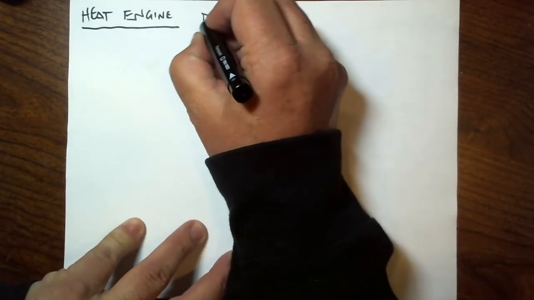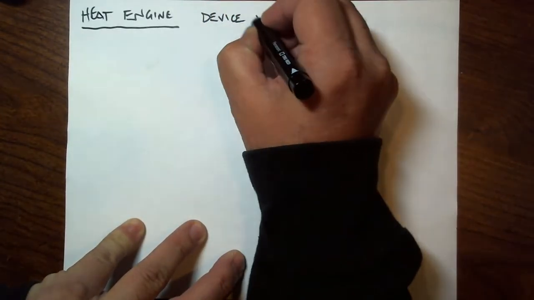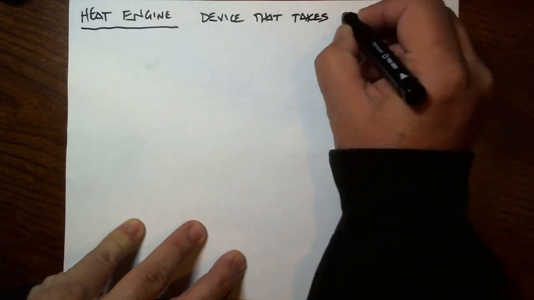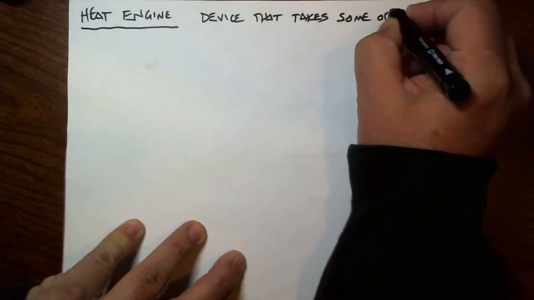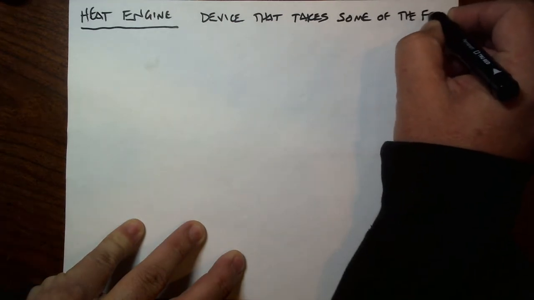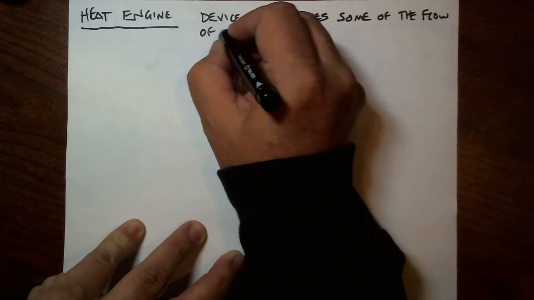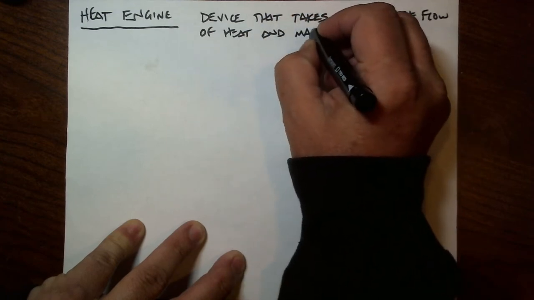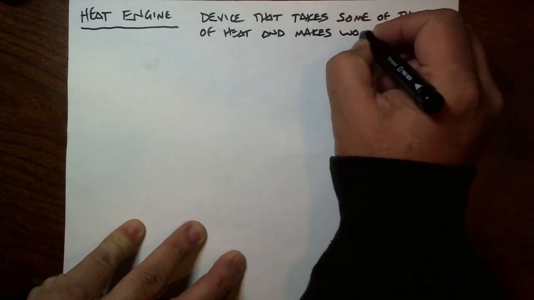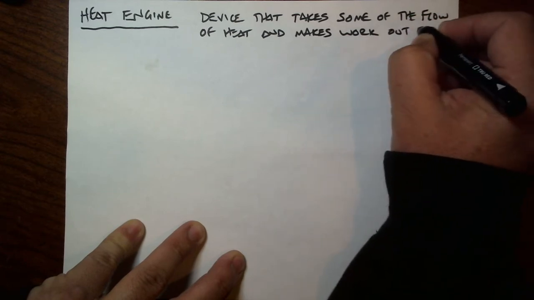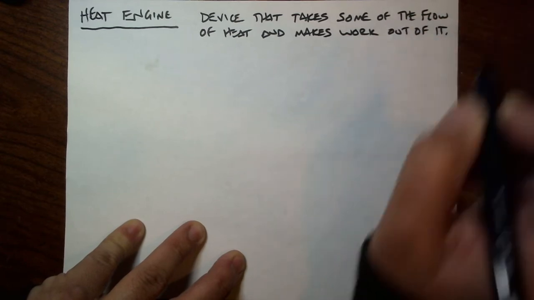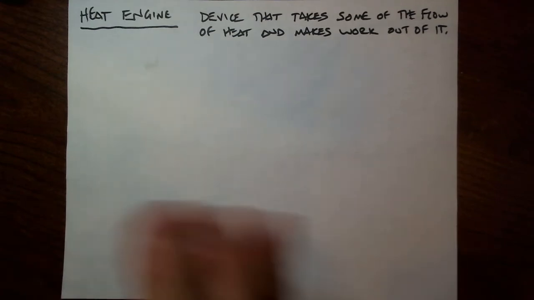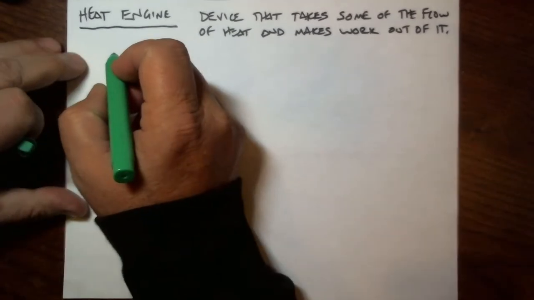A heat engine is a device that takes some of the flow of heat and makes work out of it. So there's a conceptual diagram for a heat engine, and we're not going to talk right now about exactly how you would build one, but we will in just a moment.